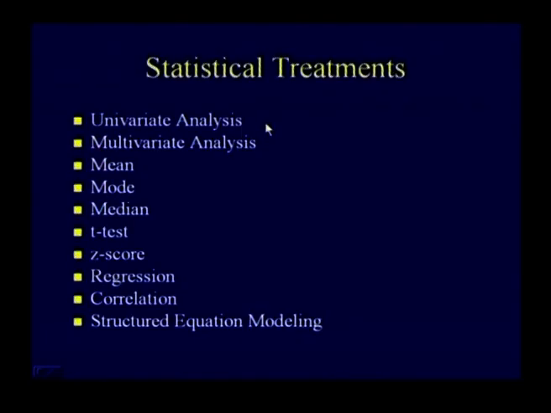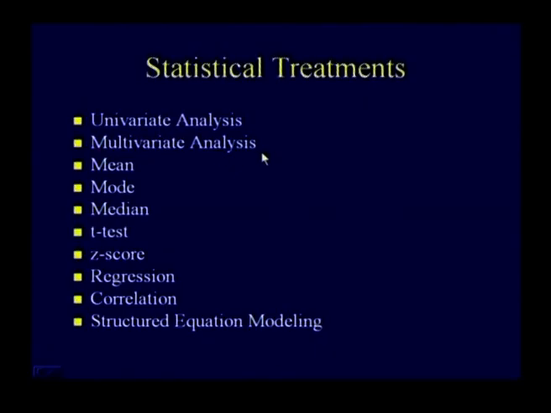Okay, now what types of statistical treatments can you apply on the data that you collect as a result of this experiment, or a survey, or any other quantitative research method that you employ for your own research? There are two important types of analysis that you can perform. First type of analysis is called univariate analysis, in which you are interested in only one type of variable. And you might be interested in the impact of many variables on a dependent variable.